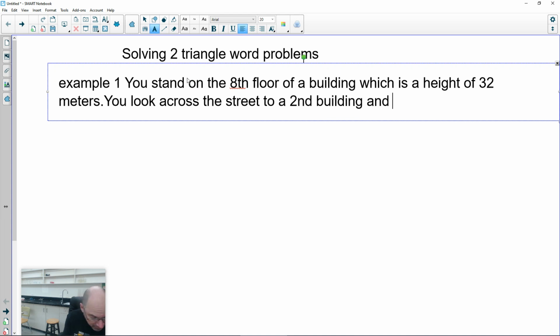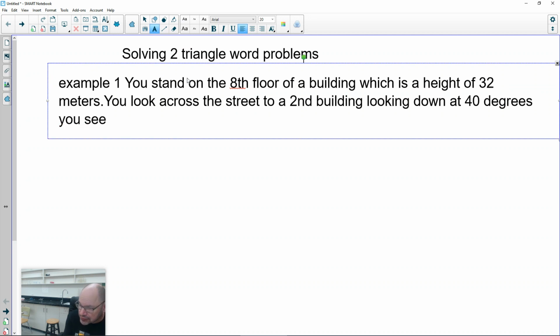And looking down at 40 degrees, you see the, let's say, bottom of the building.